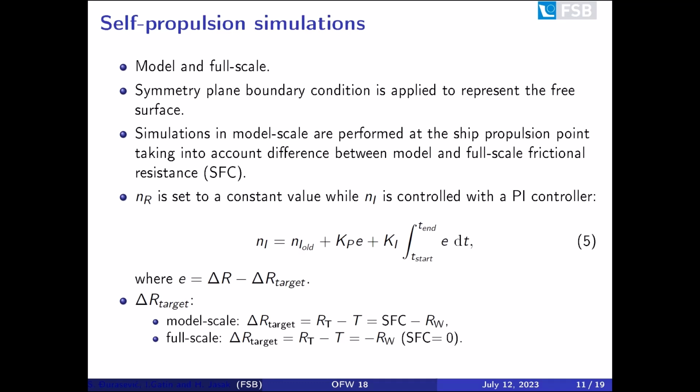In case of model scale simulations, this force is equal to the difference between the skin friction correction and wave-making resistance forces. While in case of full scale, it's equal to the negative value of the wave-making resistance force, because the skin friction correction force is equal to 0.